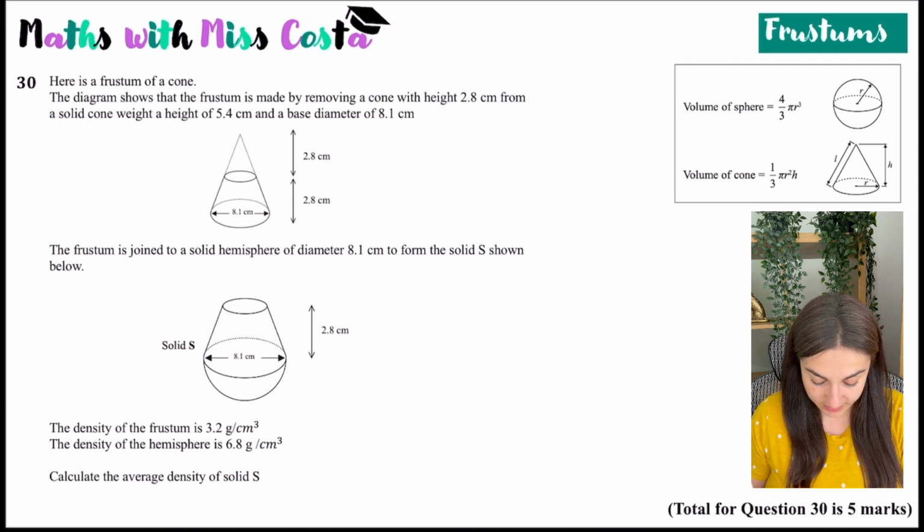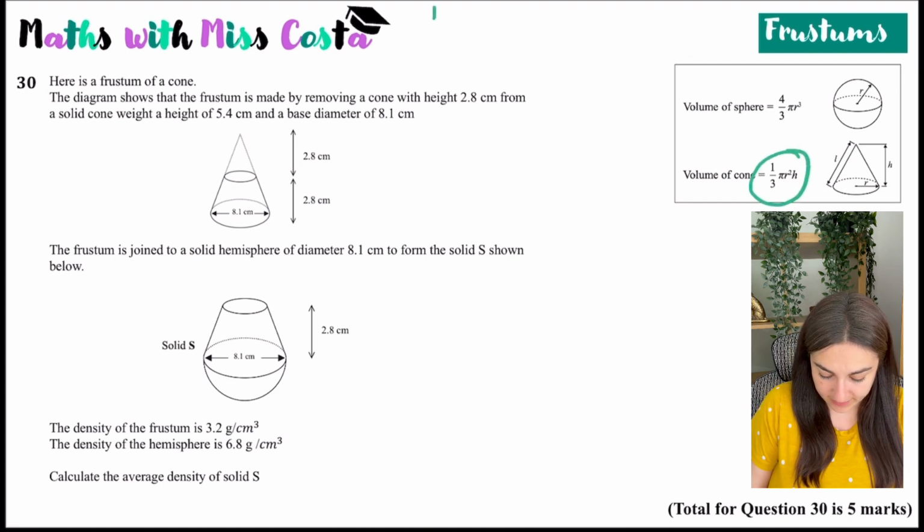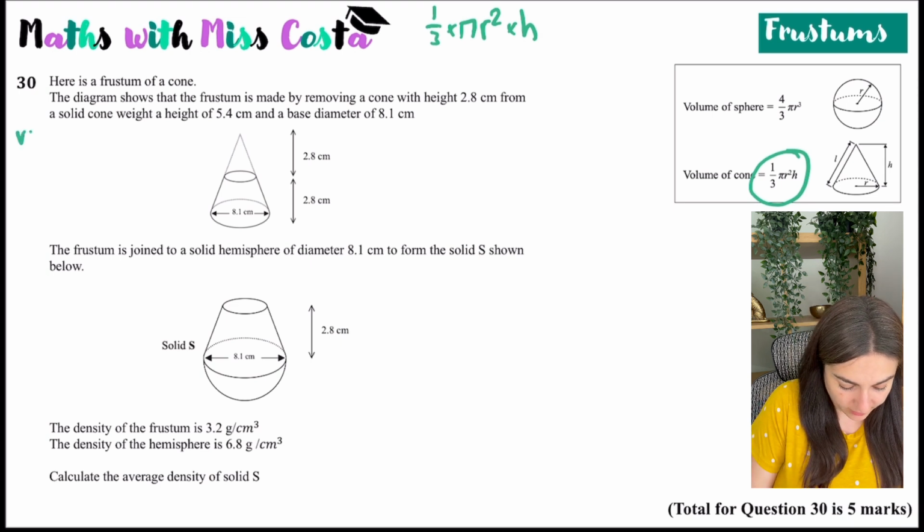So, step 1. I am going to need to use my formula for the volume of a cone, which is kindly given to me. And that is 1/3 times pi r squared times the height. So let's start with working out the volume of the large cone.